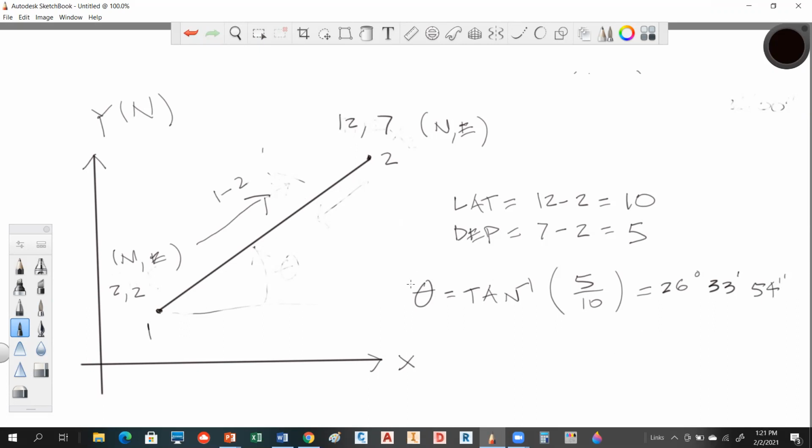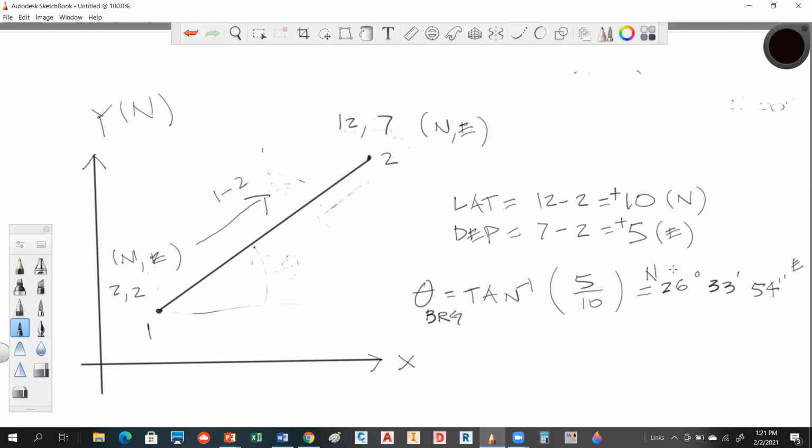Now, because this angle is a bearing angle, we have to put it in the quadrant. So the way we determine that is up here where it has 12 minus 2, you get a positive. That means this is actually north, and this is also east. So this bearing would be northeast.